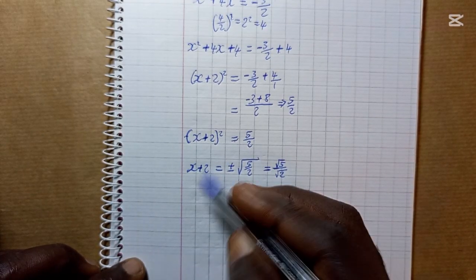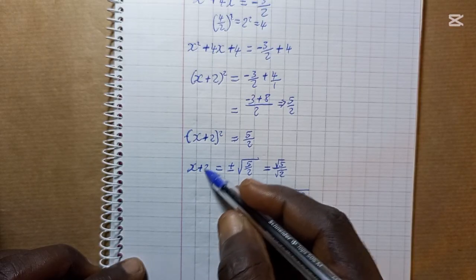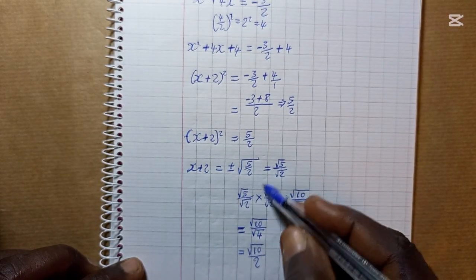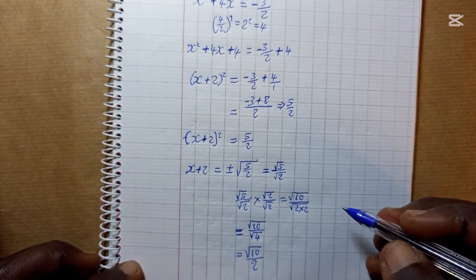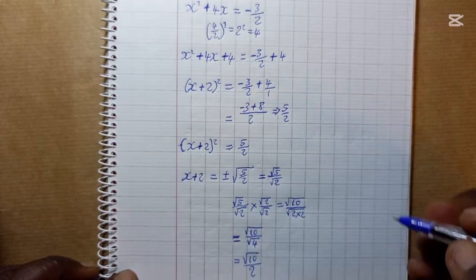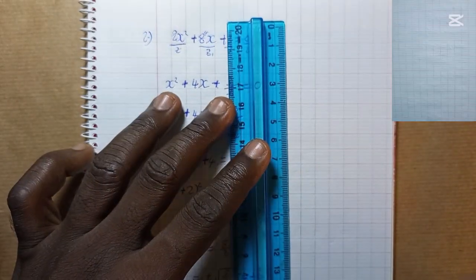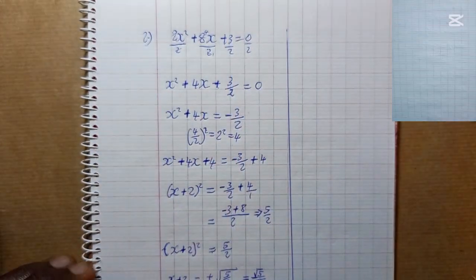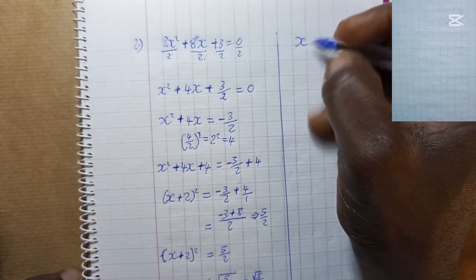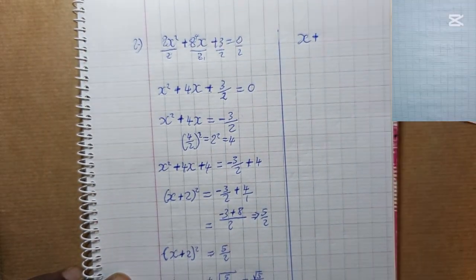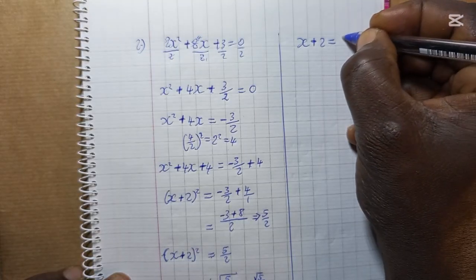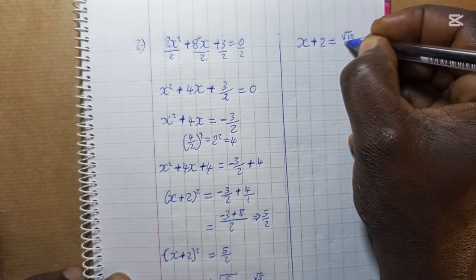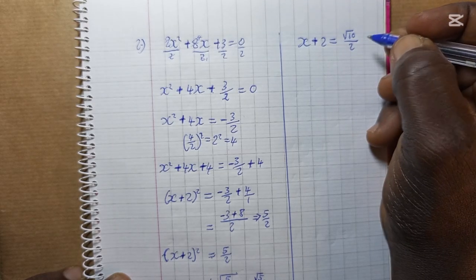Now let me move further. Remember we have this equation, which results in this one now. So I have that x plus 2 is equal to plus or minus root 10 over 2.